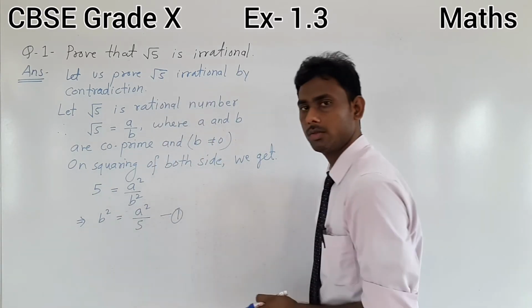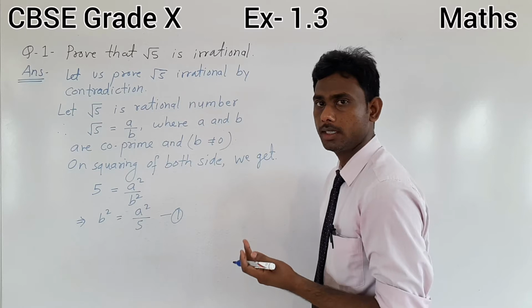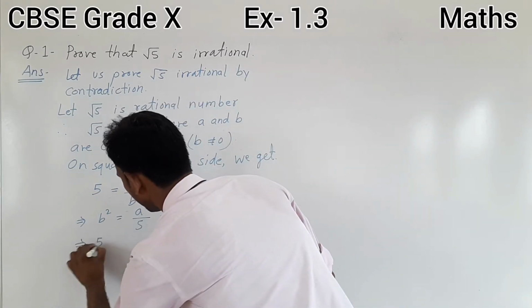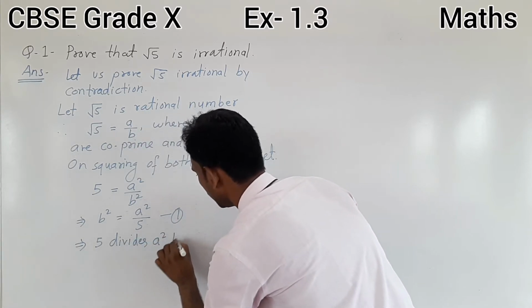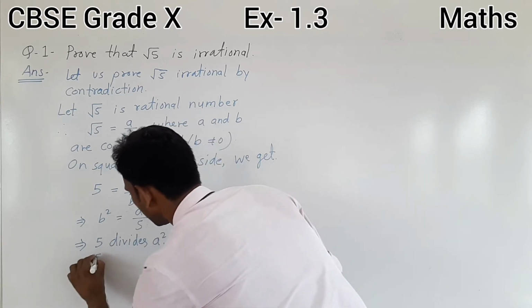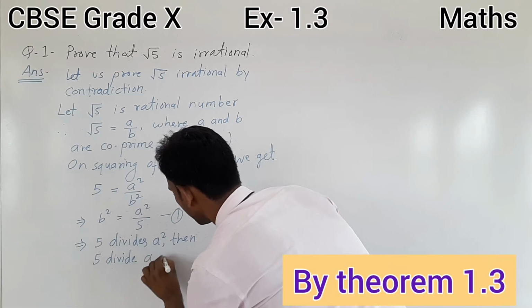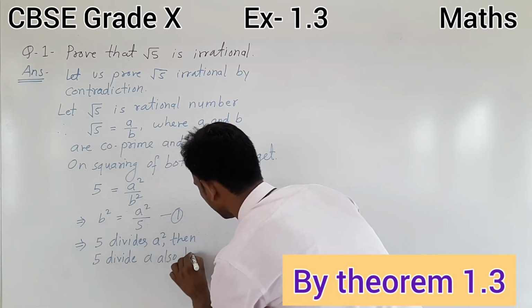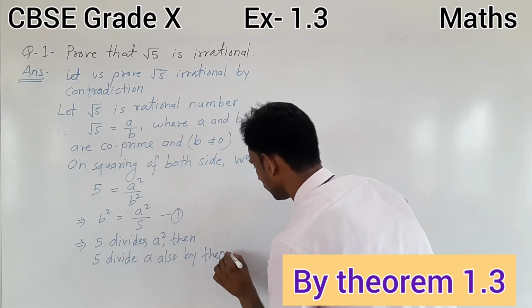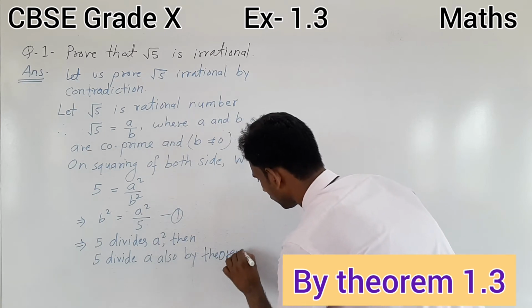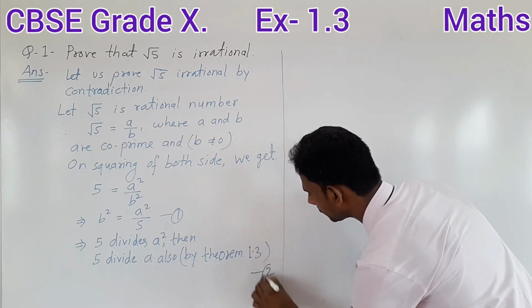Since 5 divides a square, this implies that 5 also divides a by theorem 1.3. This is equation number 2.